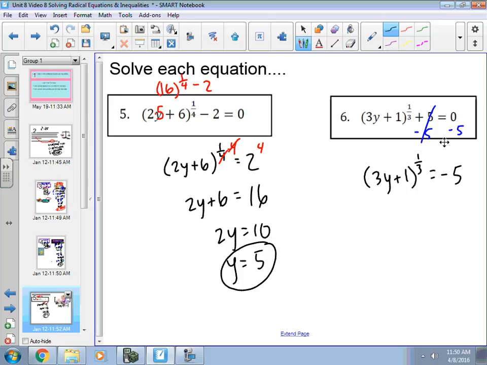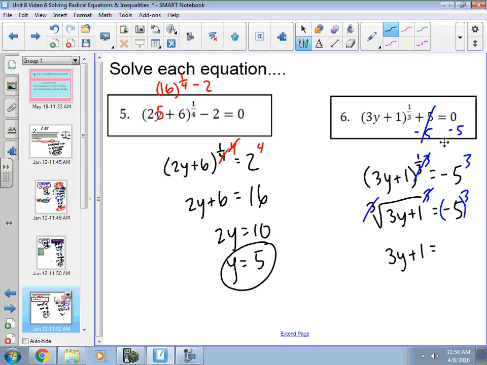Okay, now how do we undo a power of 1/3? We should take both sides to the third power. If you want to think of it as a cube root, you could do that too. Either way, we should be taking the third power because that's going to undo this. So now you have 3y plus 1 equals negative 5 to the third power.